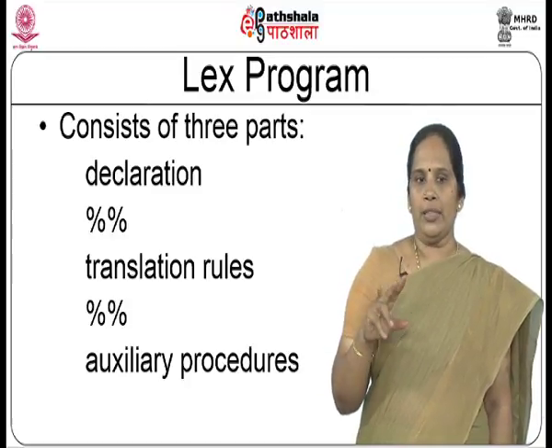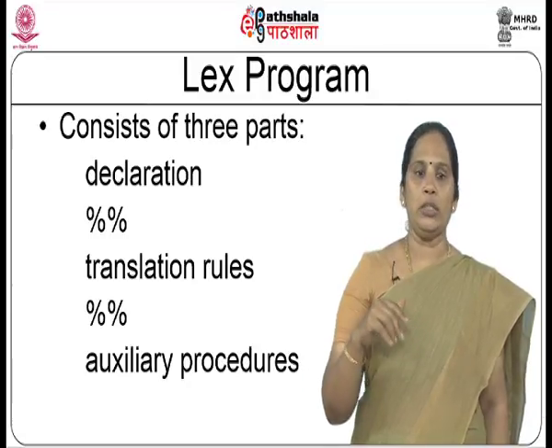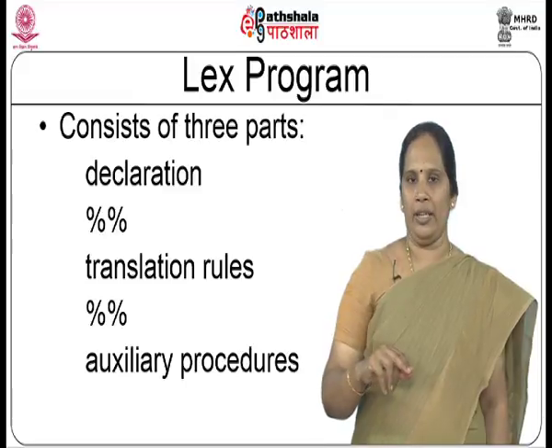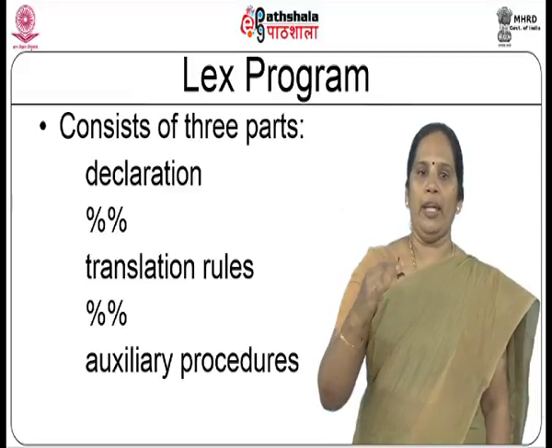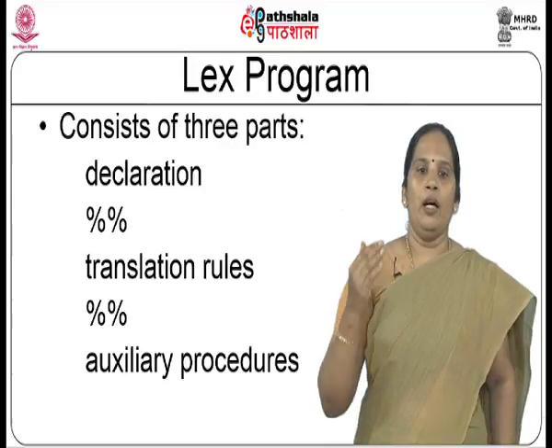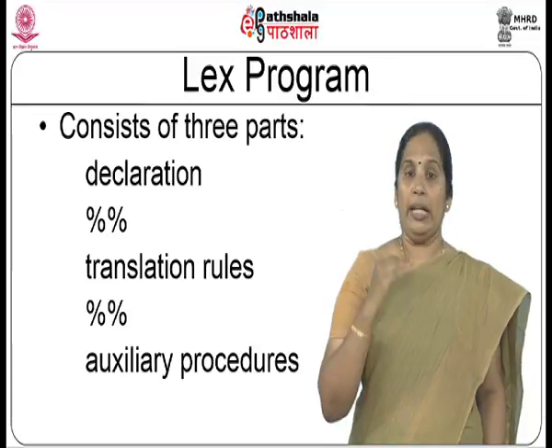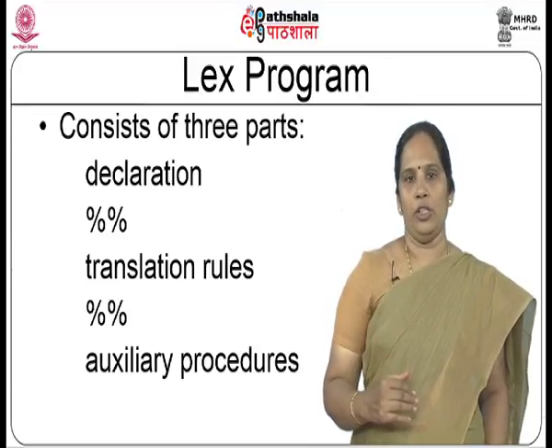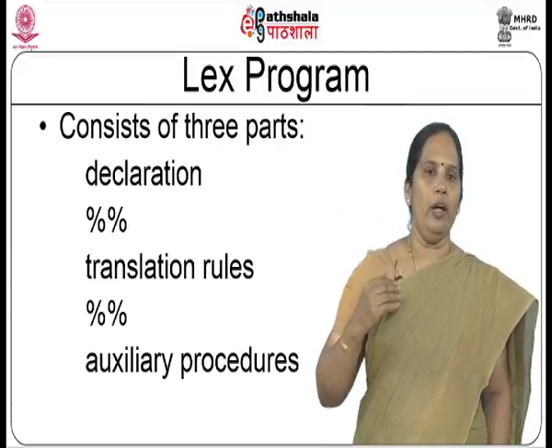The double percent between the declaration and translation rules indicates the end of the declaration part and the beginning of the next part. Similarly, the double percent between the translation rules and the auxiliary procedures indicates the end of the translation rules and the beginning of the auxiliary procedures. So, that acts like a delimiter to separate the sections of your Lex program.